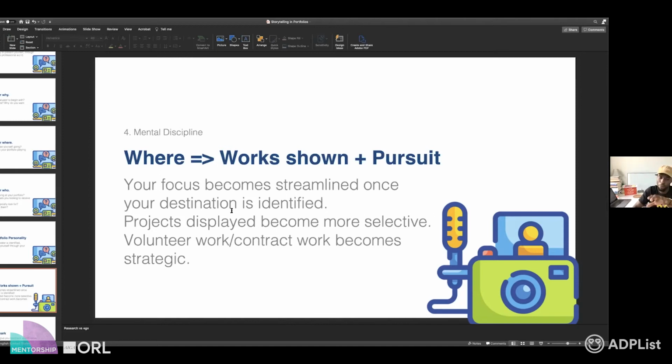And then that would help you figure out which of those projects, even if it's schoolwork, you're going to list and display on your portfolio to attract the right company or hiring manager, etc.